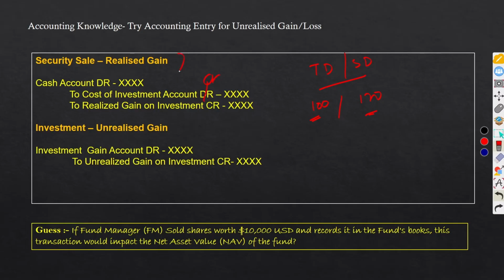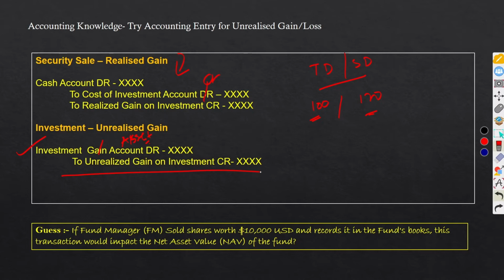Right? That is in case of realized gain, but what about unrealized? For unrealized, your accounting entry would be investment account debit, unrealized gain on investment account credit. Sometimes instead of gain you would see an asset account as well, so basically it's an asset account only. So you would see that transaction or wording in your system.